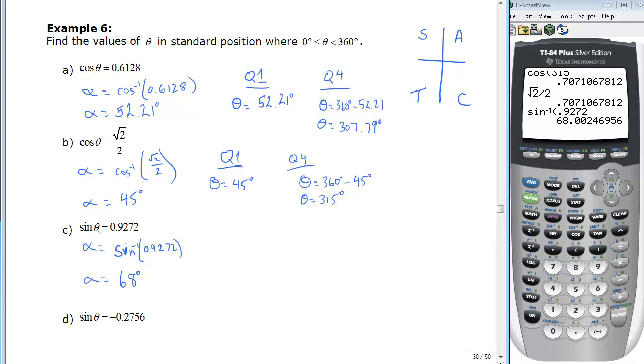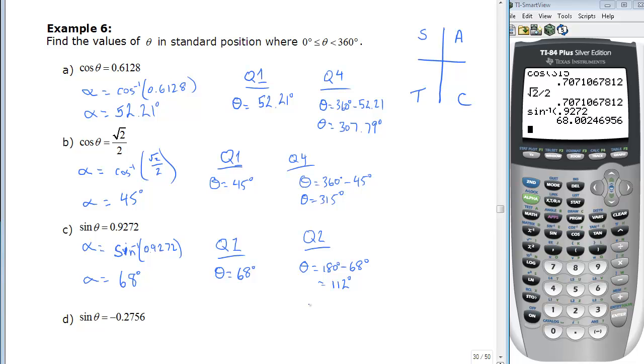And now we have sine positive. Checking back at our diagram, sine is positive in quadrant 1 and 2. So here we're looking for quadrant 1 and quadrant 2. In quadrant 1, theta is our reference angle, so 68. In quadrant 2, we have 180 degrees minus our reference angle. And that gives us 112 degrees.